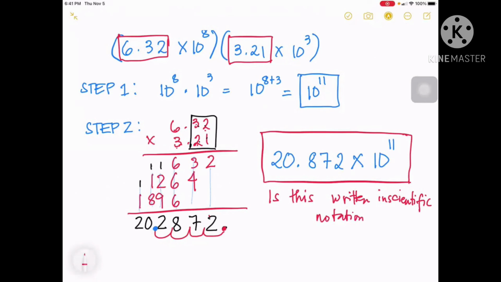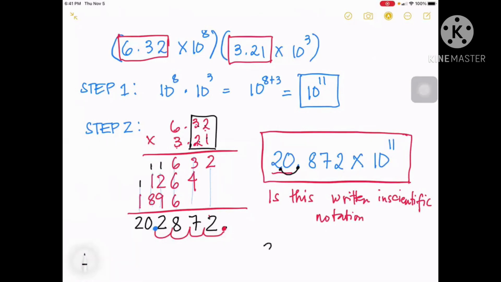Remember, this is 20, and 20 is 2 digits. Based from the rule to be expressed in scientific notation, there must be 1 digit. So how will you express 20 in 1 digit? What you have to do is, from this point, move 1 to the left.